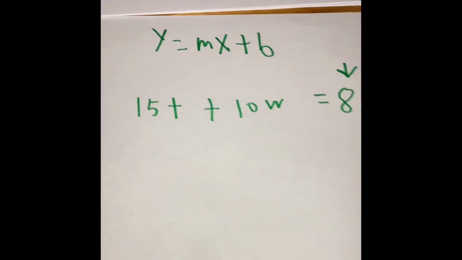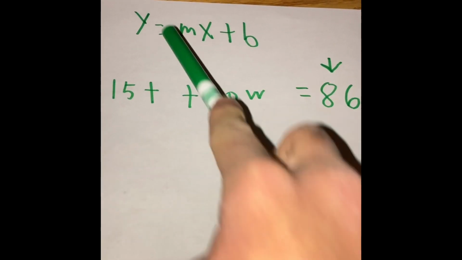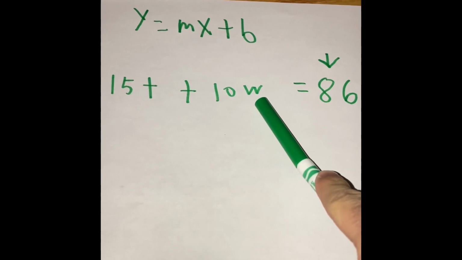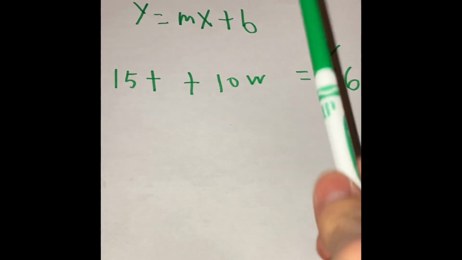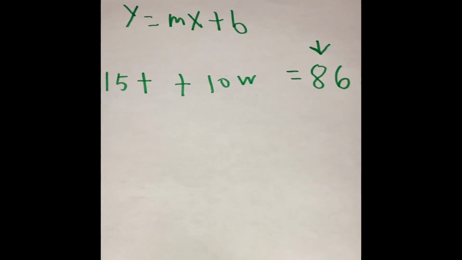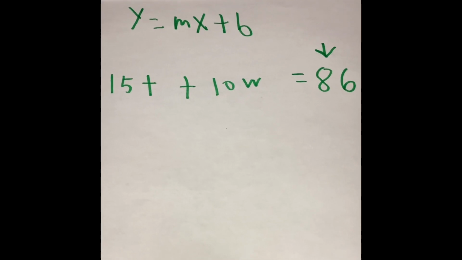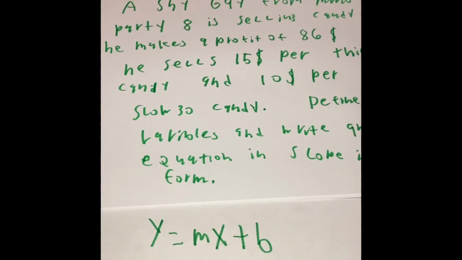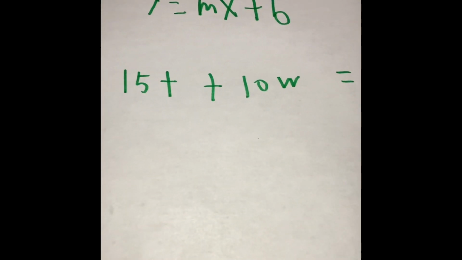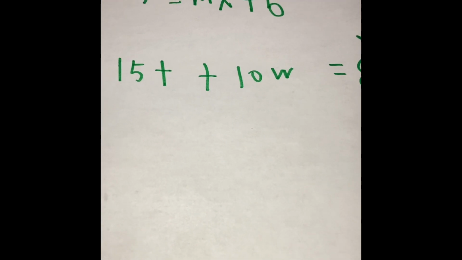With one of the variables, just like y, we're going to get one of these variables of our choice isolated, and we'll have the whole equation rewritten in another way of saying it. But it's still the same way of telling the story. So, which variable do you want to select to isolate? Type in the comments below.